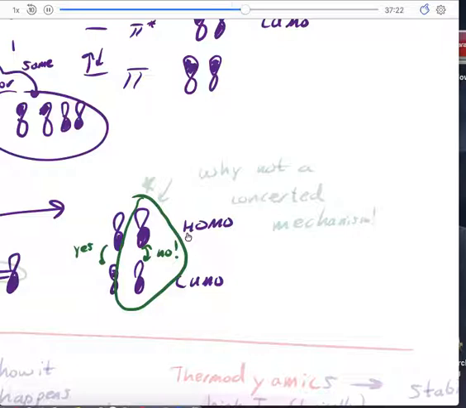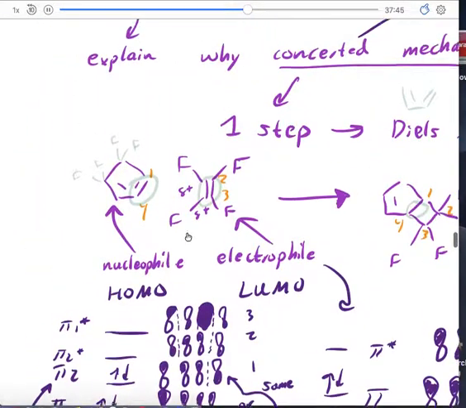Otherwise, they both have to be in phase with each other. So these two orbitals are why it's not a concerted mechanism, because those are the two we're considering right here.